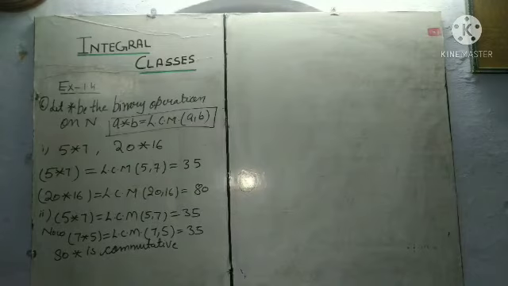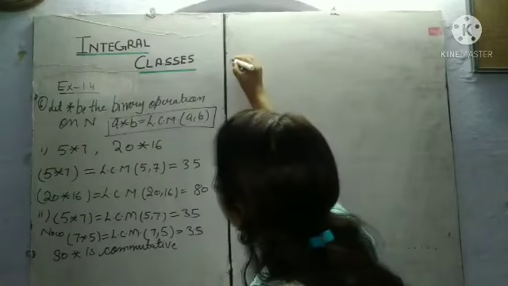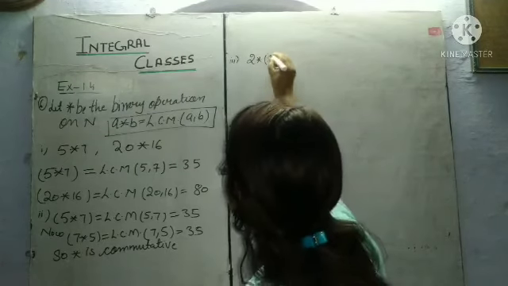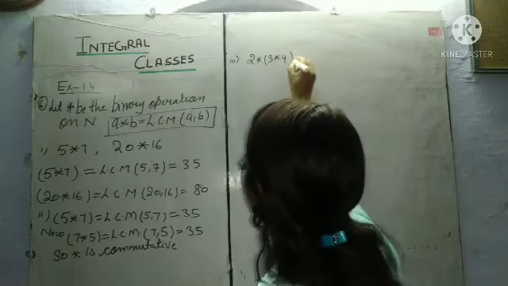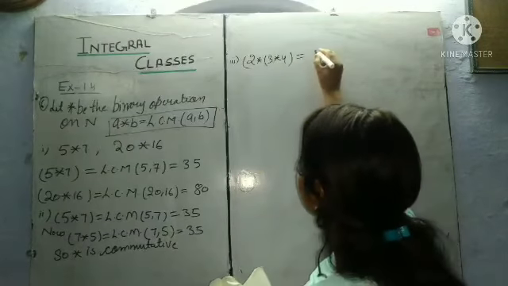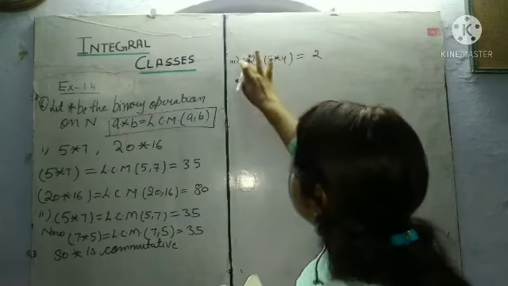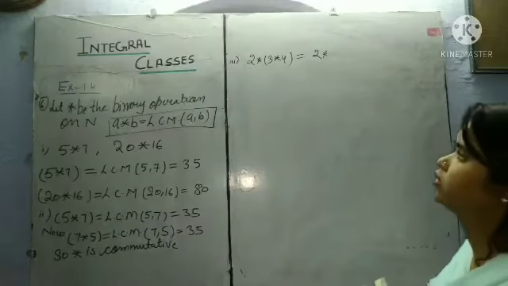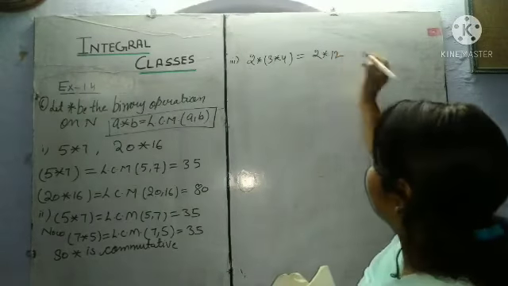Now for associative, we will apply this. Take 3 elements and apply it. So for the third, we will take 2 star 3 star 4. First we will find the value of 3 star 4, keeping 2 star as it is, and we know that the LCM of 3 and 4 is 12.